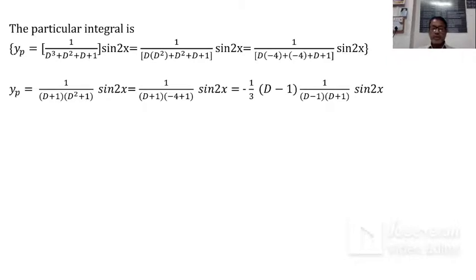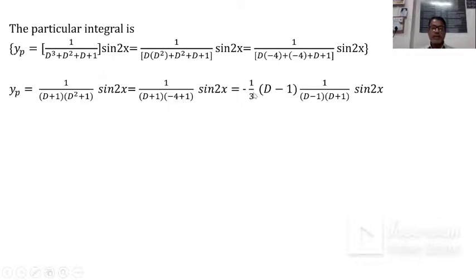Now by the second method, we consider yp is equal to 1 upon D plus 1 into D square plus 1 operate on sin 2x. This is equal to 1 upon D plus 1. Substitute D square by minus 4, means minus 4 plus 1, sin 2x.